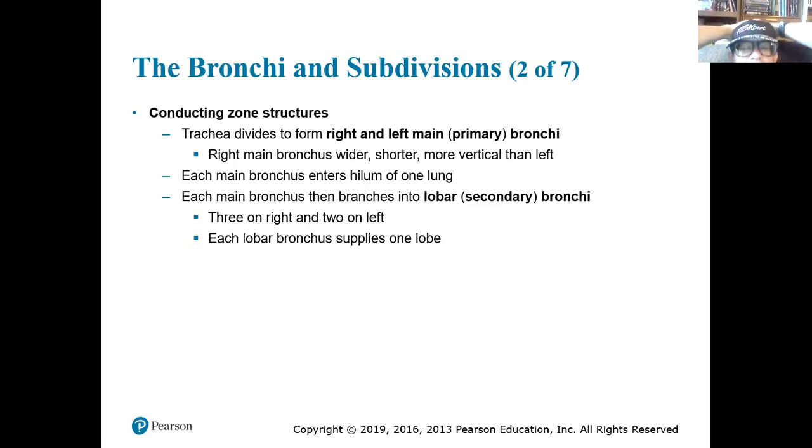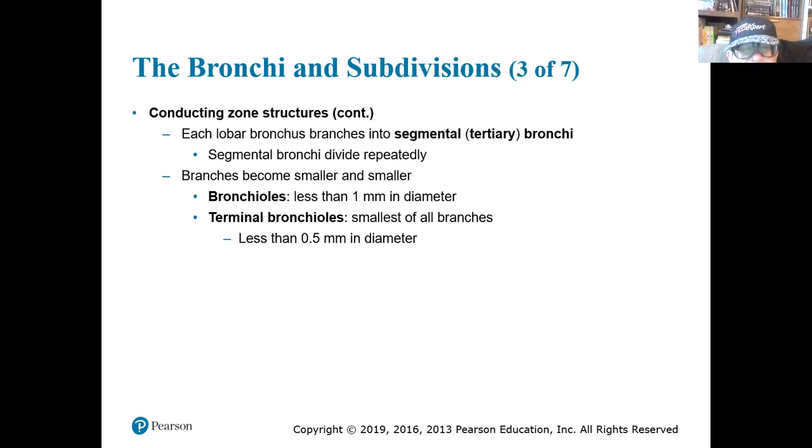You know that there are three on the right because you have three lobes in the lung on the right. You know there are two on the left because we have two lobes on the left. And each lobe of the lung gets its own bronchus. Each lobar bronchus supplies one lobe.